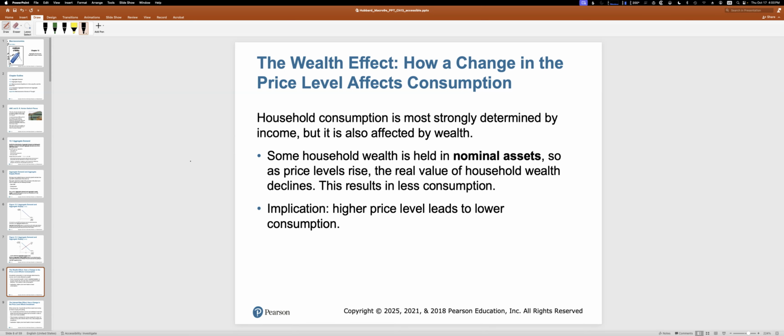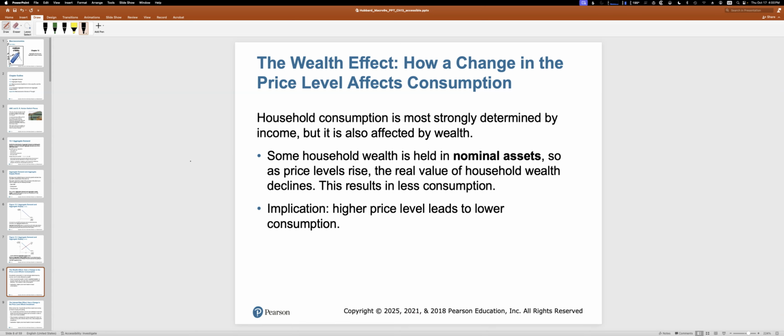And then the question comes down to, when we look at the aggregate demand function, that we need to look at how certain factors are being affected, with one of these being the wealth effect.